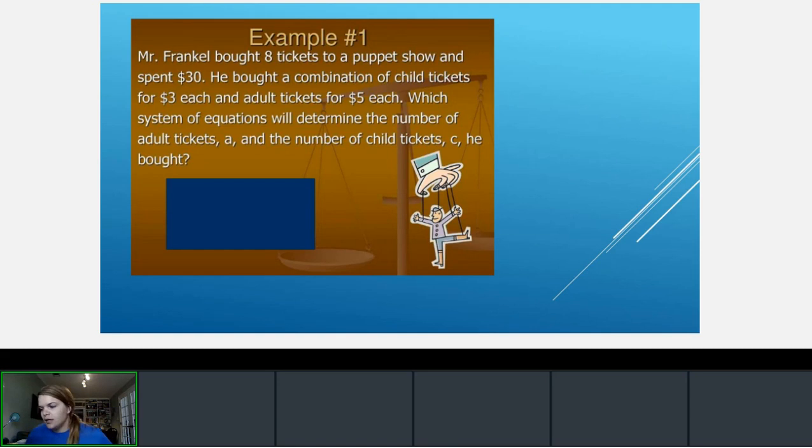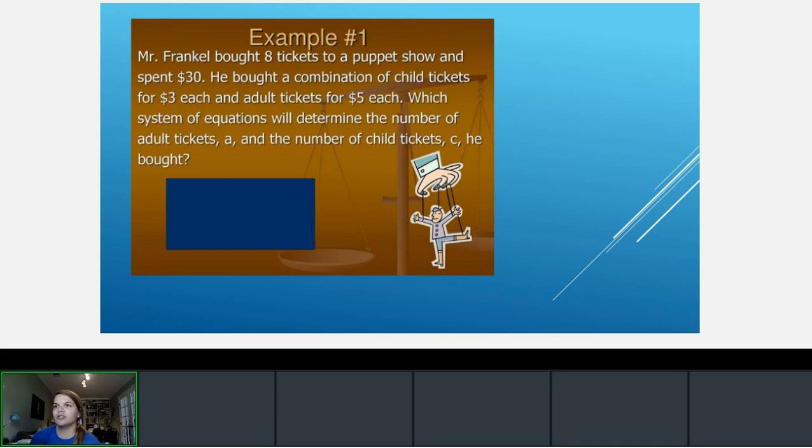So, example number 1. Mr. Frankel bought 8 tickets to a puppet show and spent $30. He bought a combination of child tickets for $3 each and adult tickets for $5 each. Which system of equations will determine the number of adult tickets, A, and the number of child tickets, C, that he bought?